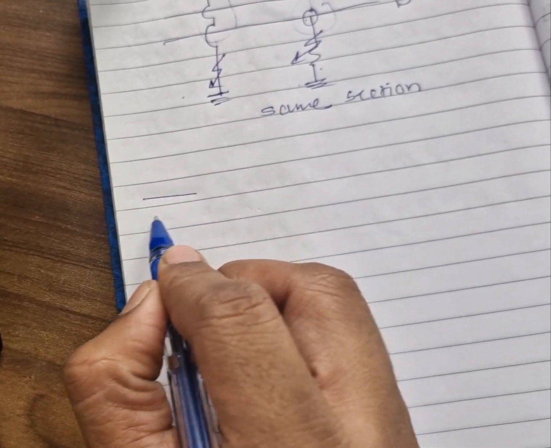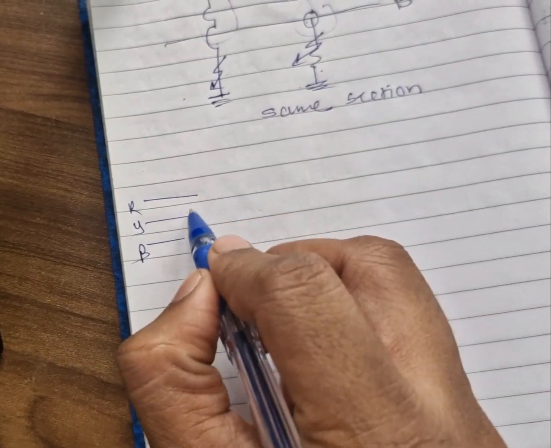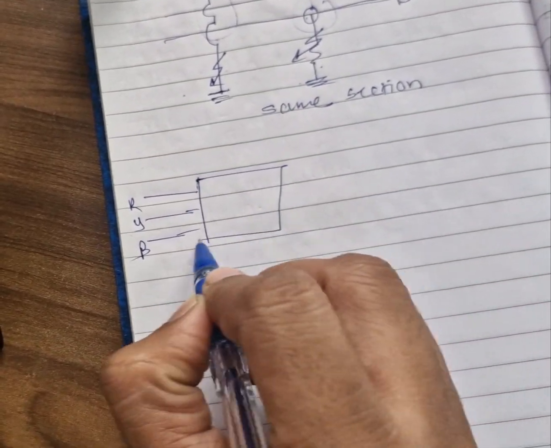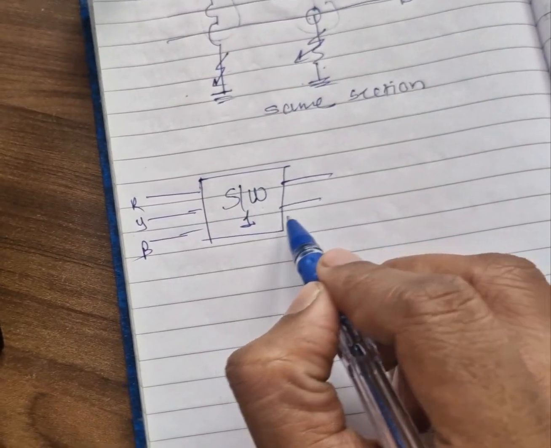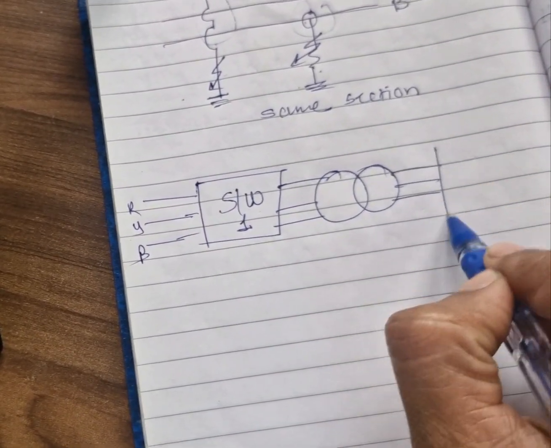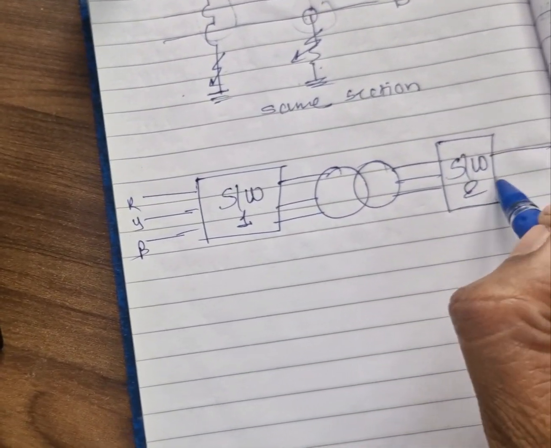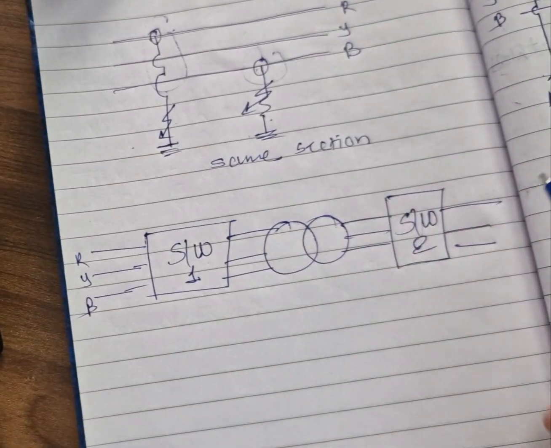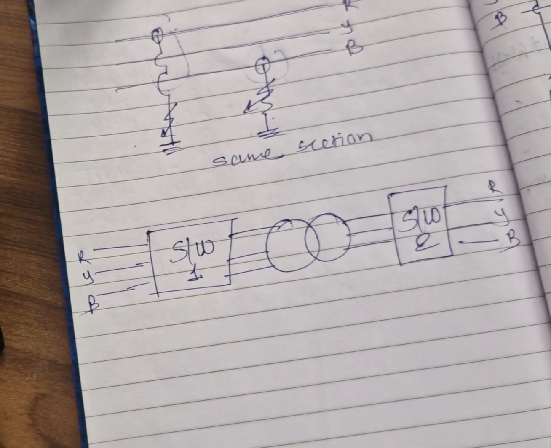Let's consider this R, Y, and B. This is R, this is Y, and this is B, and this is our first switchgear 1. Then I've shown this transformer, and the another switchgear is here, switchgear 2, and here R, Y, and B. I hope you can see R, Y, and B. Okay, that's it.